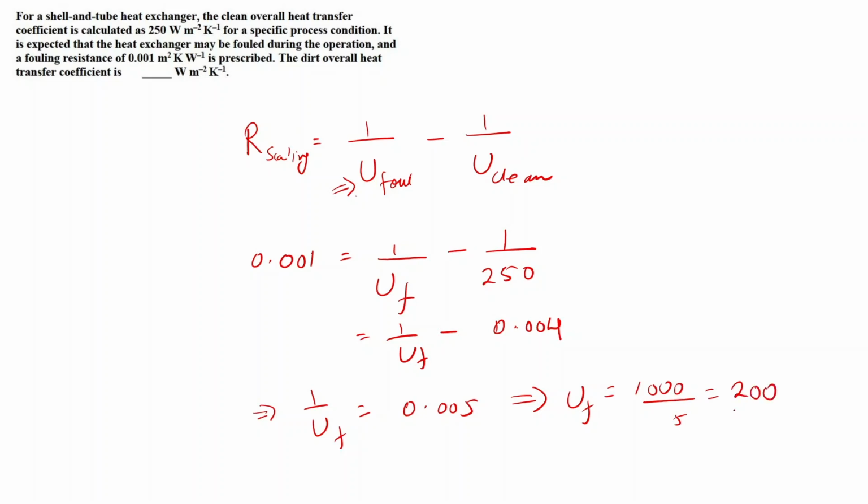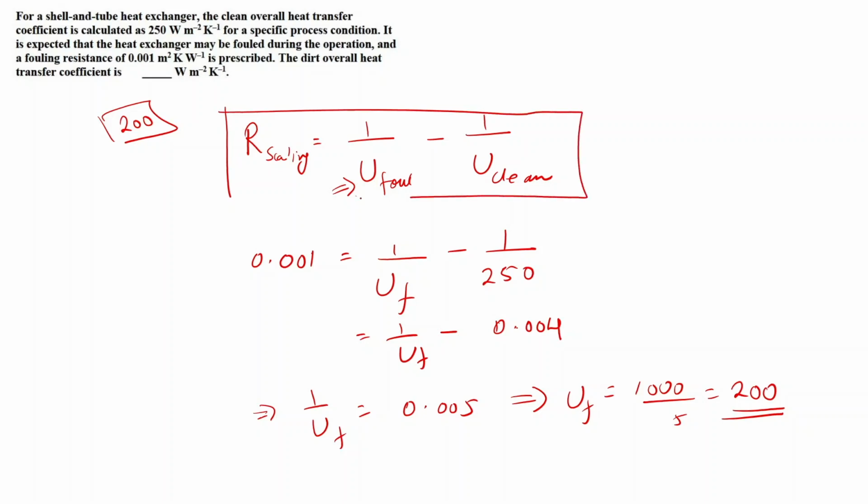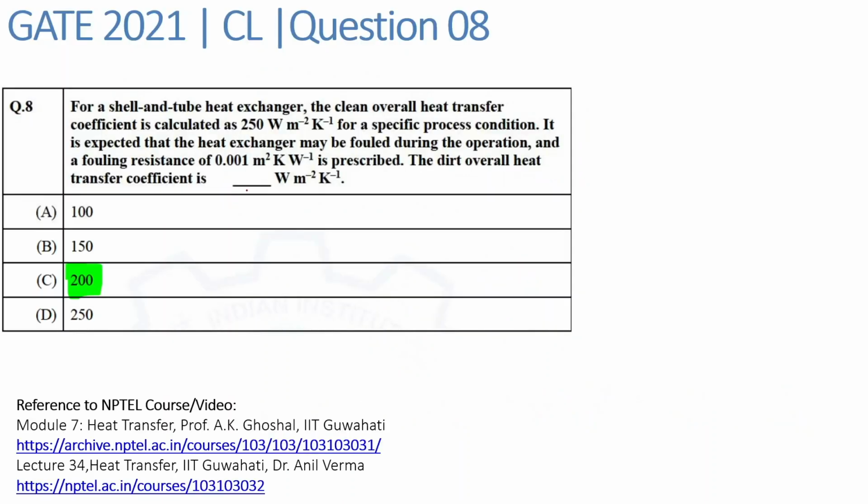So this is 200. So my dirt overall heat transfer coefficient in this case is 200. So you have to remember this basic formula for calculating the resistance due to scaling. And from the given options, we can select this 200 as our final answer, 200 watt per meter square Kelvin.